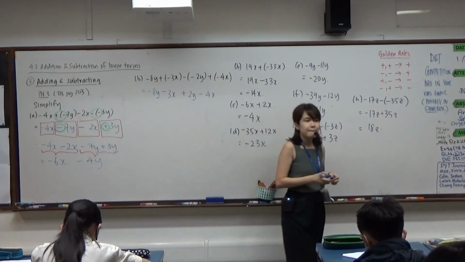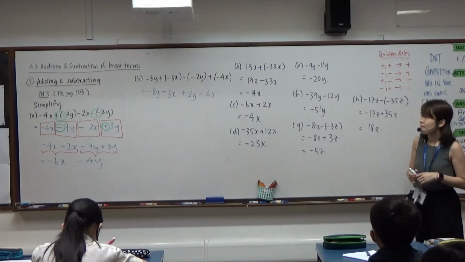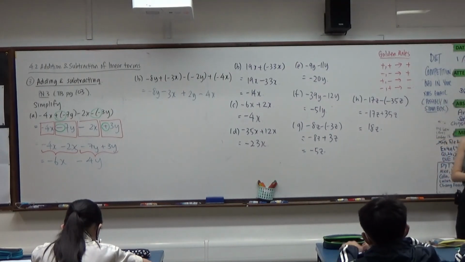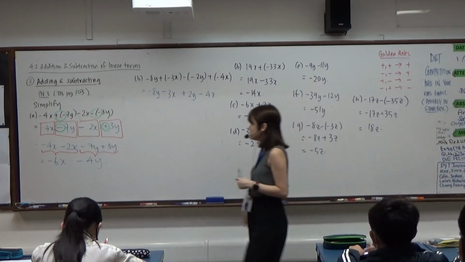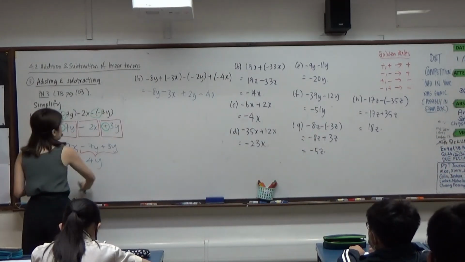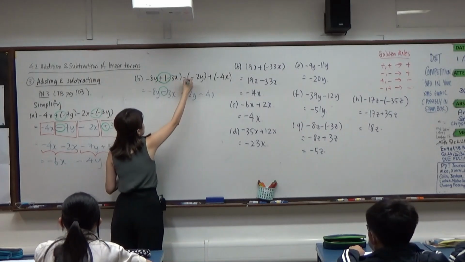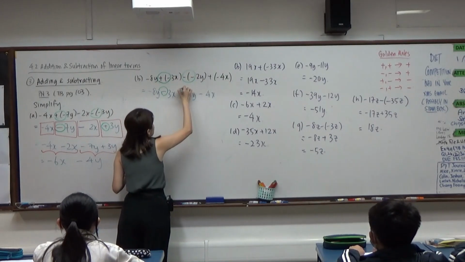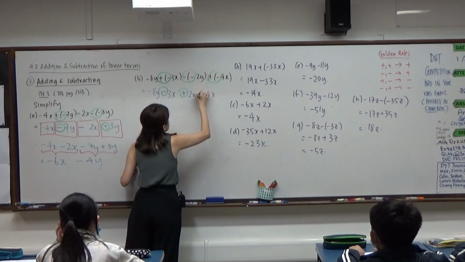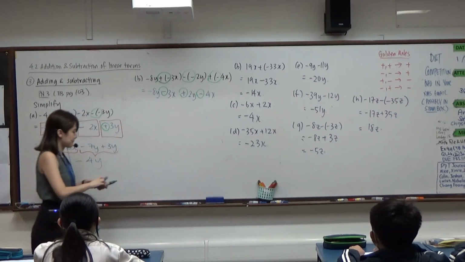We agree with this? Okay, minus 8y minus 3x plus 2y minus 4x. Okay, so we apply our golden rules, yeah? Plus and minus gives us minus. Minus minus gives us plus, plus minus gives us minus. Okay?